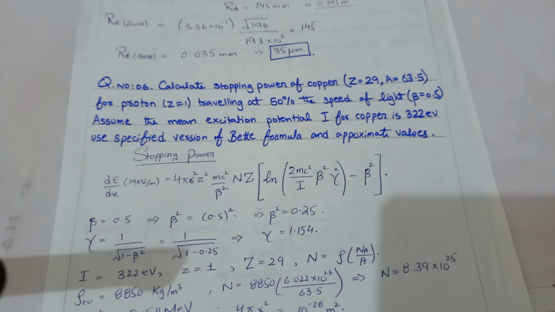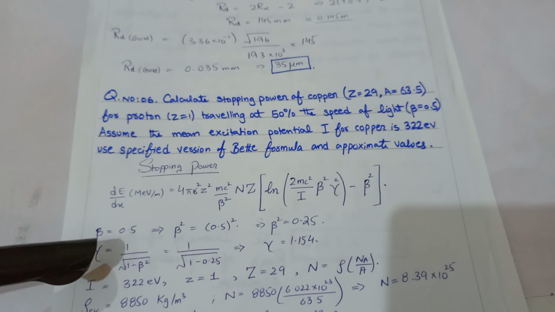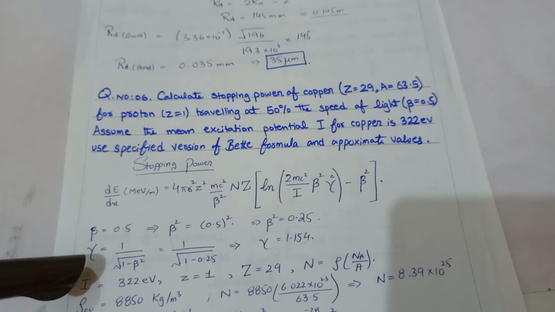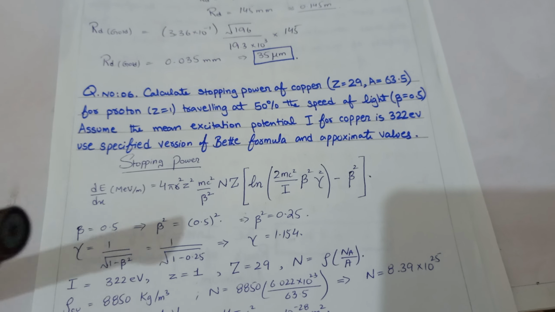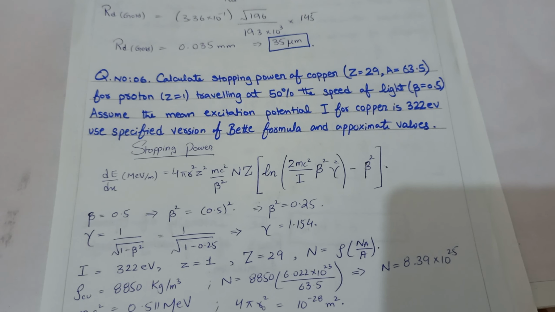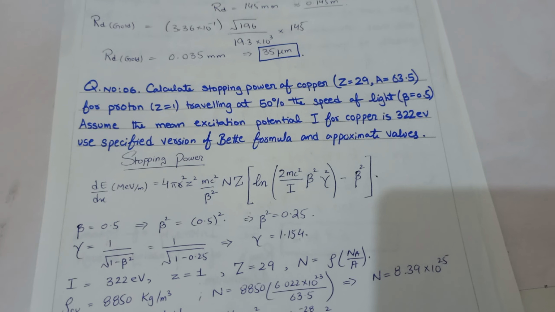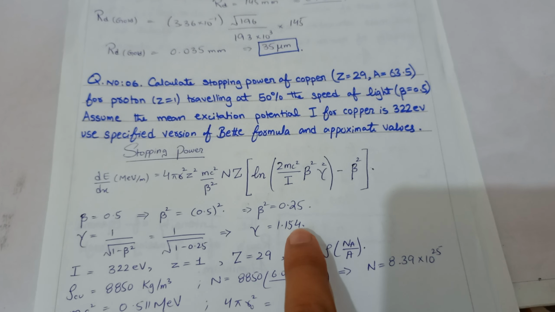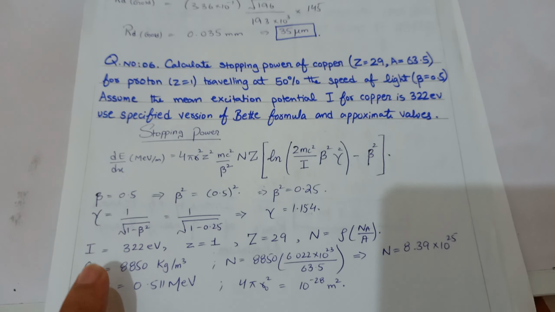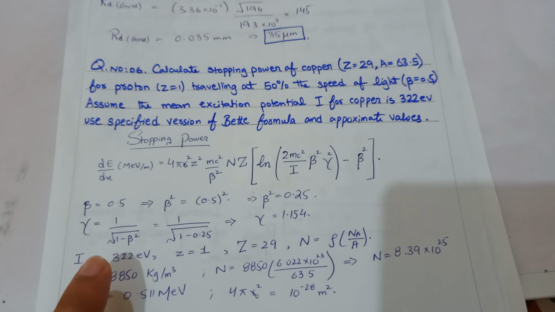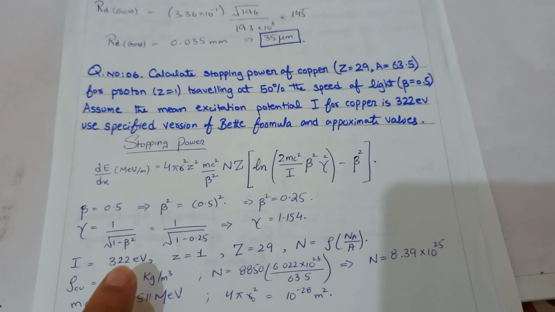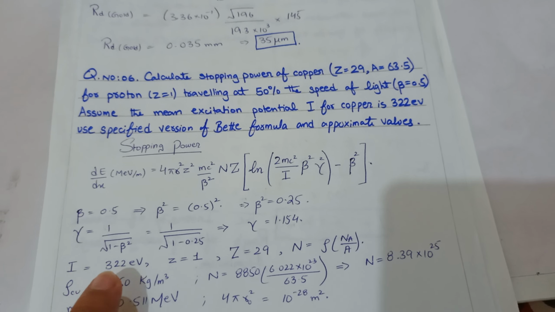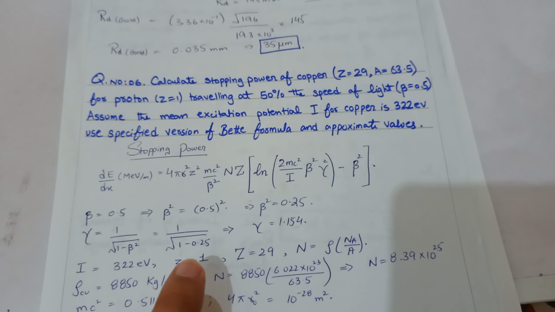Gamma is not given, but we can calculate gamma from beta: gamma equals 1 divided by the square root of 1 minus beta square. Putting in the value of beta square, you get 1.154. The excitation potential is also given, so you don't need to find it.